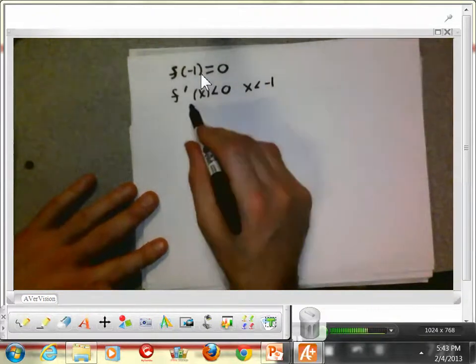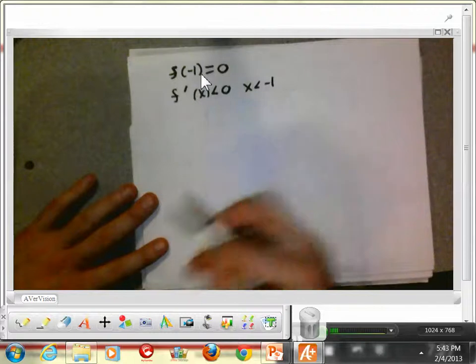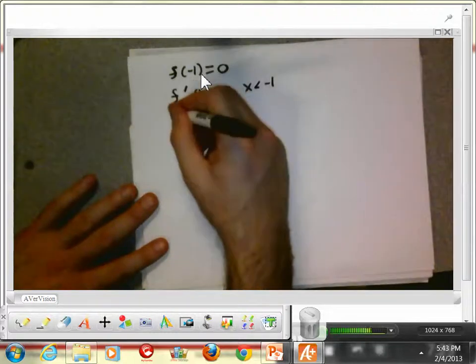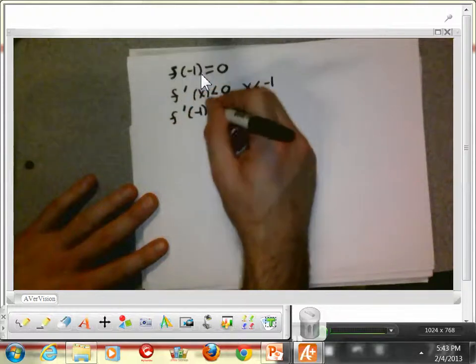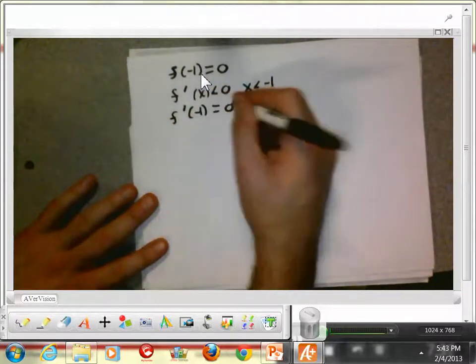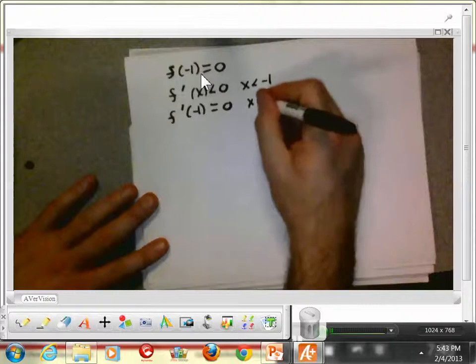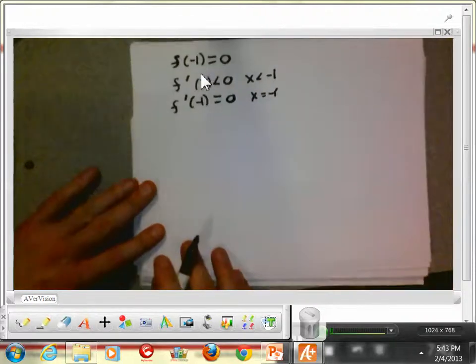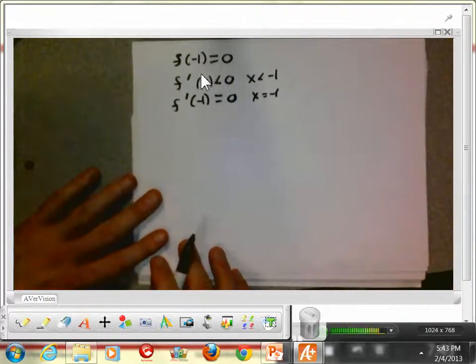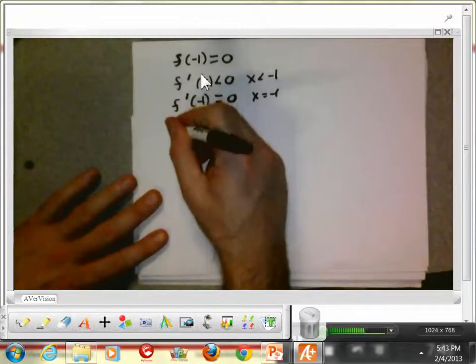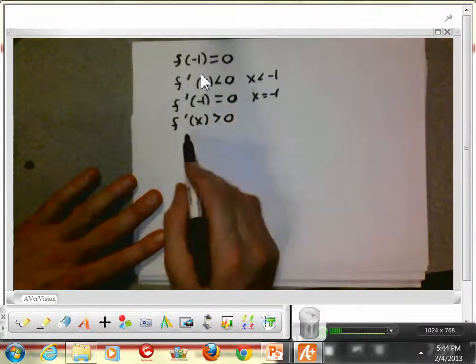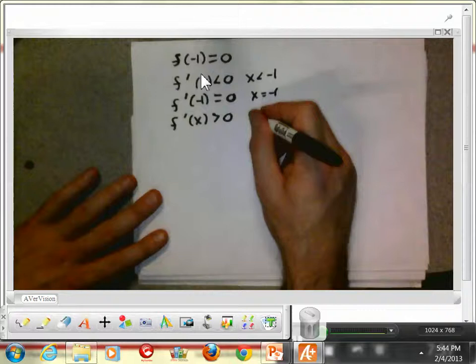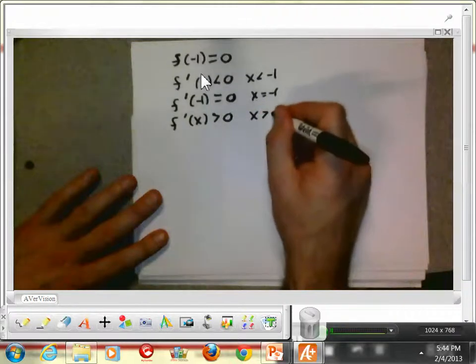We know that f prime of negative 1 is equal to 0, when x is equal to negative 1. And we have one last condition: the derivative is positive, or greater than 0, which means the function is increasing when x is greater than negative 1.